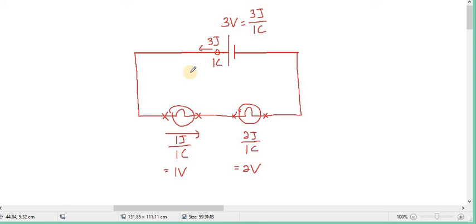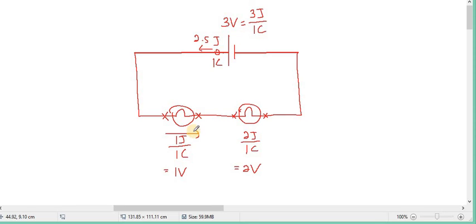However, in reality, this will not be the case. In reality, maybe every 1 coulomb of charge that comes out of the power source only carries 2.5 joule. Although the label, the EMF, is 3 volt, every 1 coulomb of charge that comes out of the dry cell only carries 2.5 joule.